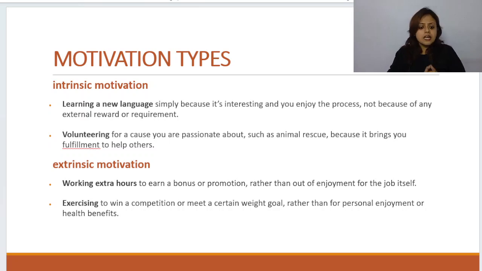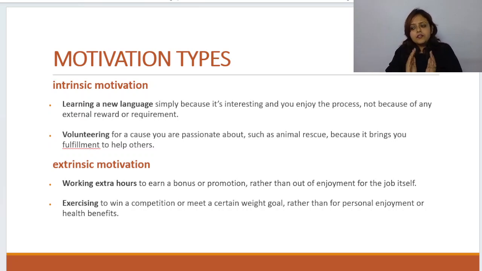So what does that mean? Suppose you are working for a long period of time, or you are working for certain extra hours, and when you have worked those extra hours, you will be provided some sort of incentive, which can be a financial incentive.